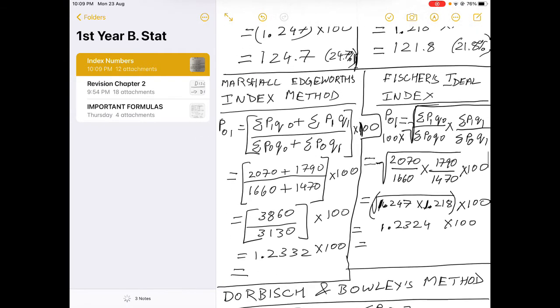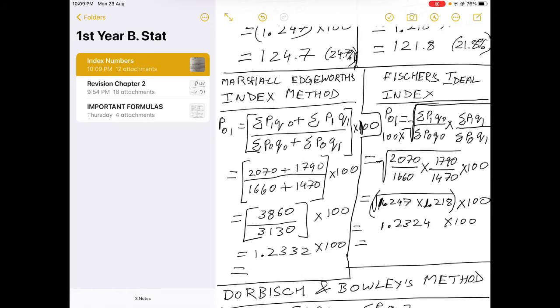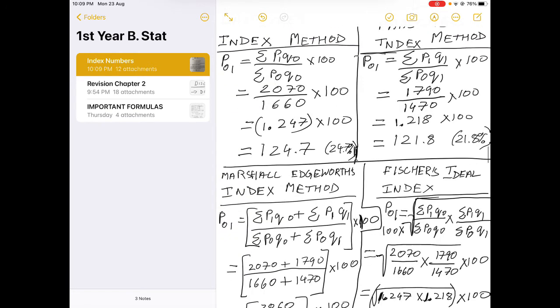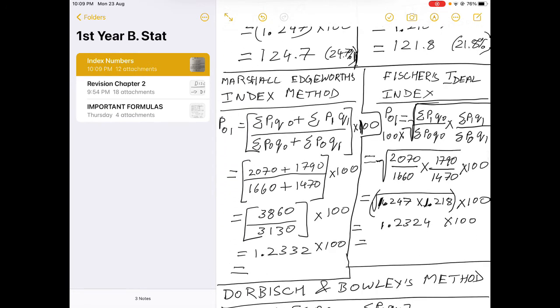Now let's next calculate Marshall-Edgeworth's index method. Here I have opened up the bracket. In the numerator I have P1Q0 plus P1Q1. In the denominator I have P0Q0 plus P0Q1. We'll take the values from the table and put them into the formula. I get 2070 plus 1790 in the numerator, 1660 plus 1470 in the denominator, into 100.